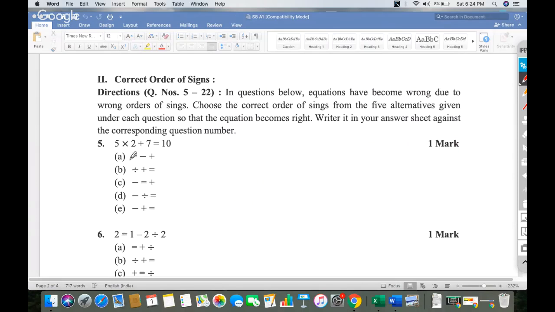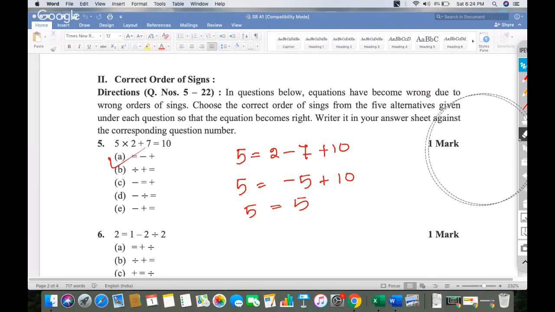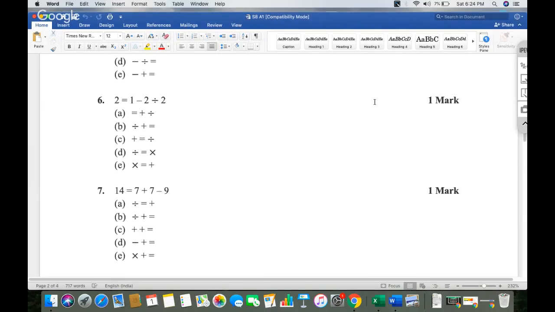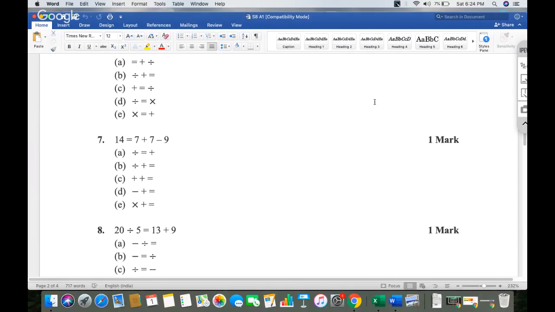For that matter, I will put the first option, so 5 is equal to 2 minus 7 plus 10. So how much is this? 5 is equal to minus 5 plus 10. So 5 is equal to 5. I got this answer. First answer is A. So just change it likewise and solve it. There is no other rocket science involved in these kind of questions.